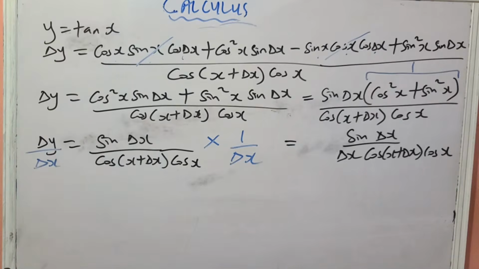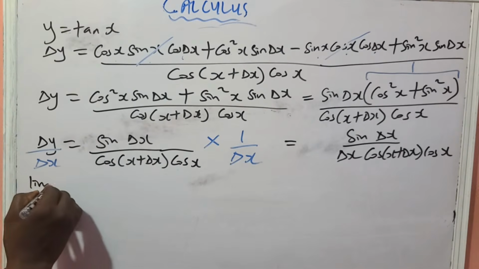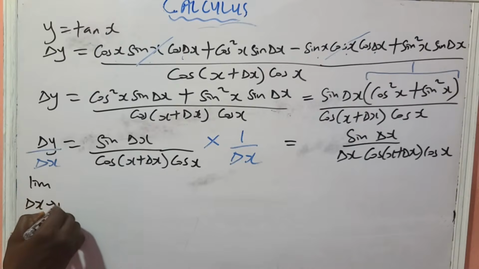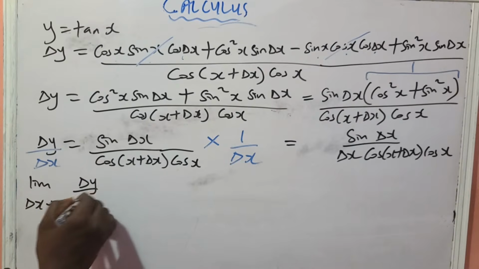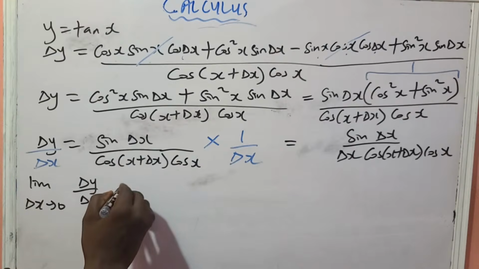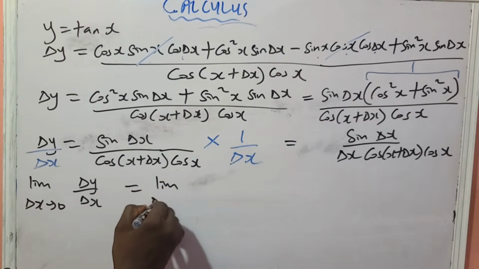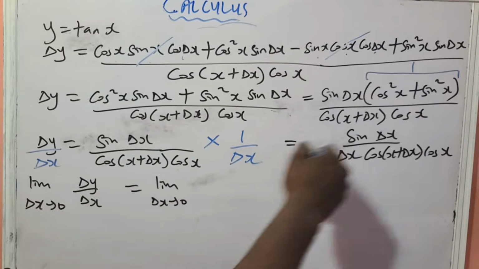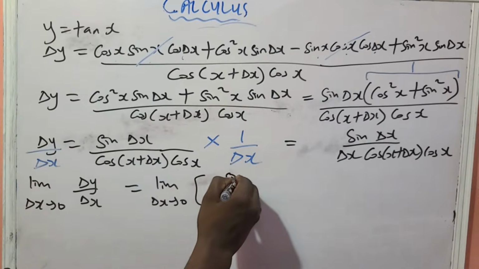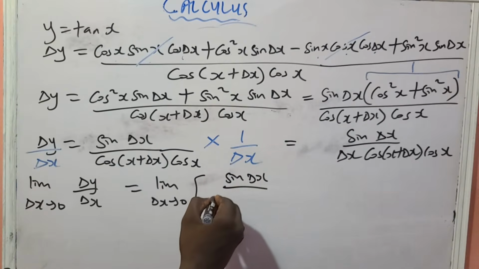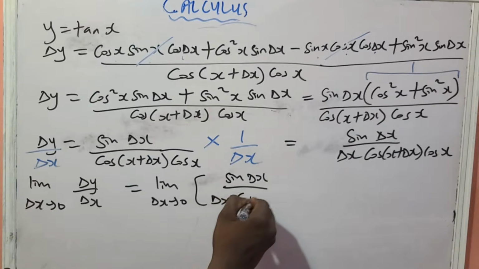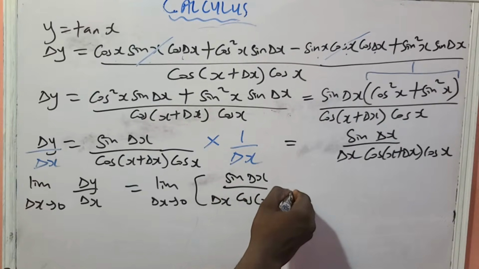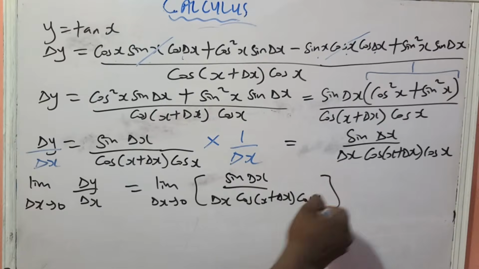So we are taking the limit as change in x tends to 0 of change in y over change in x. That's for this side. So you take the limit of both sides. So we're taking the limit of all this: sine change in x over change in x, cos x plus change in x, cos x.